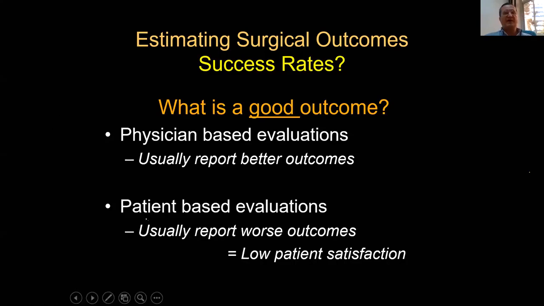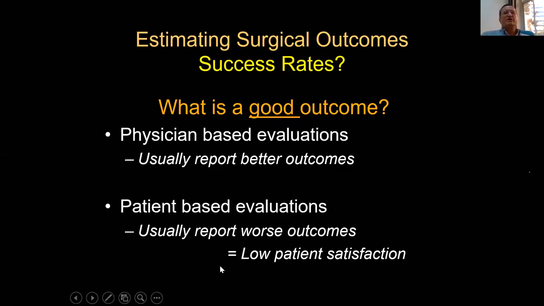But if you ask the patients, they usually report worse outcomes. Their expectations are maybe somewhat different than what you think as a surgeon. So even for a disc herniation, it may be as low as 60%, 70%.